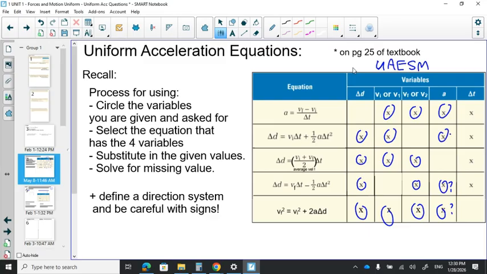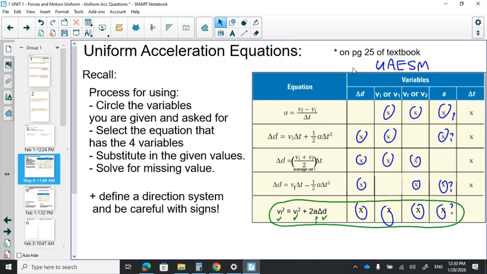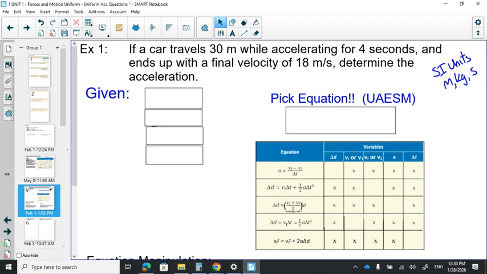We want to find acceleration. You can tell that in this equation, you've got everything except for the one you're looking for, which means you can solve for it. You'd have V2, V1, and the displacement, the unknown. If there's only one unknown in an equation, you can solve it. So that is the name of the game of tackling these questions head on, just using equations.